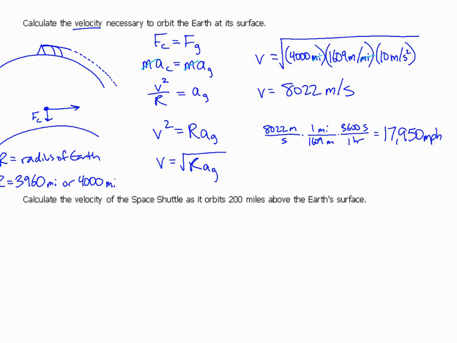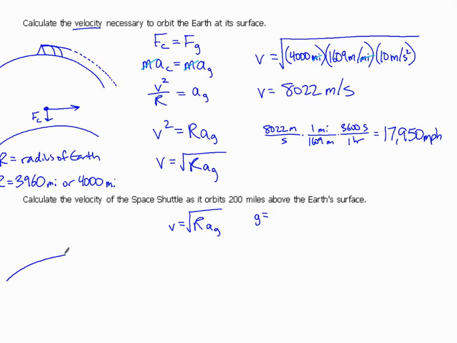Calculate the velocity of the space shuttle as it orbits 200 miles above the Earth's surface. So here's what we're looking at. Same formula, velocity equals the square root of radius times the acceleration of gravity. G is a little bit different here. 200 miles above the surface.